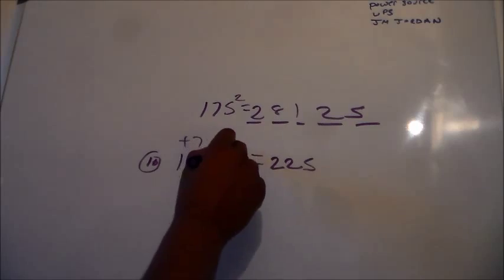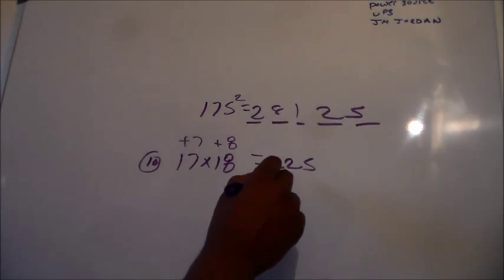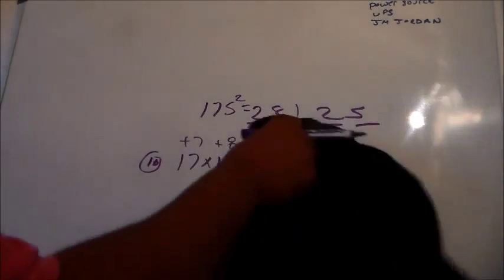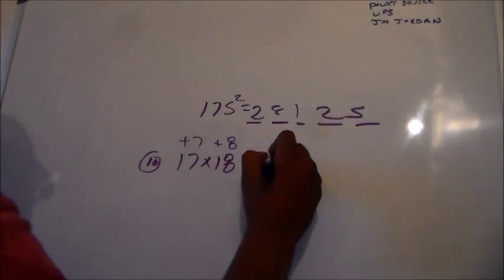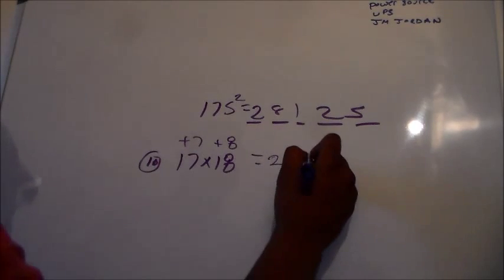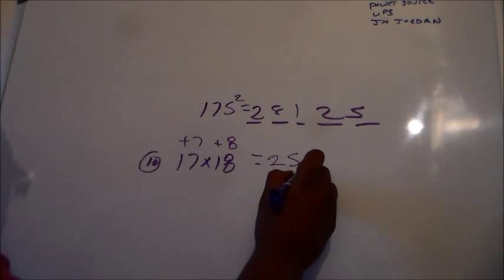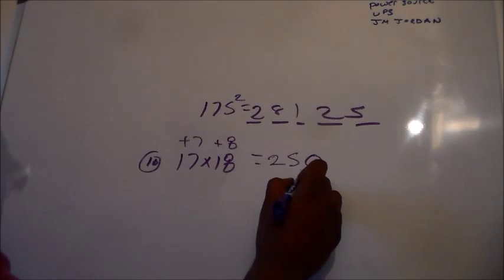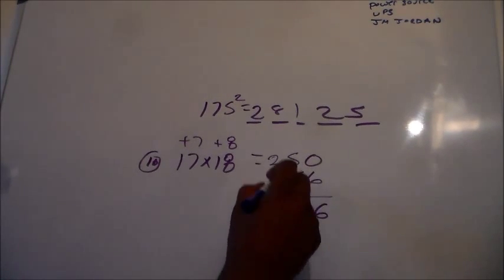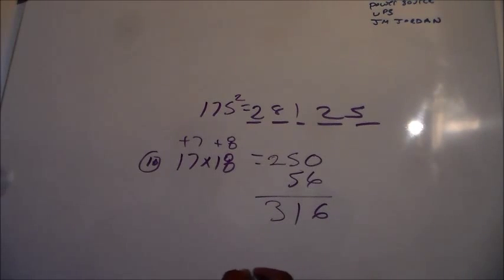17 plus 8 is 25, right? It's 25, right? But then since the 10 is the reference number, I have to add a 0. Then I add 56. 6, 11, 316.